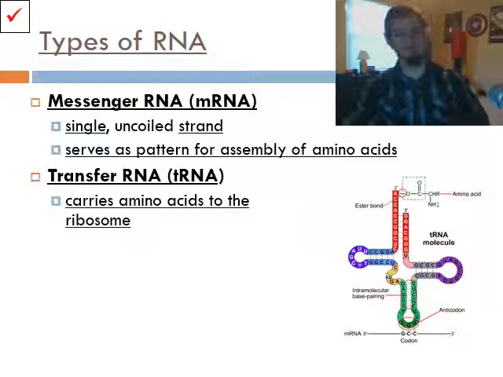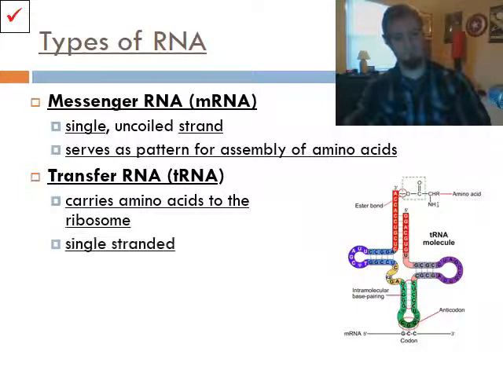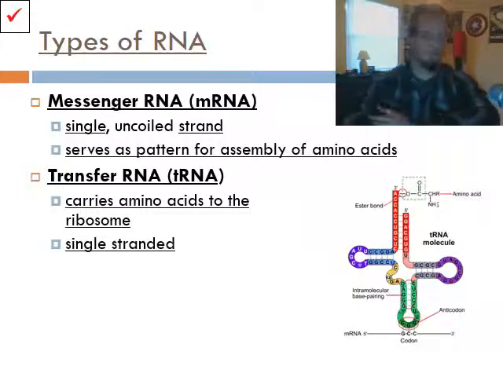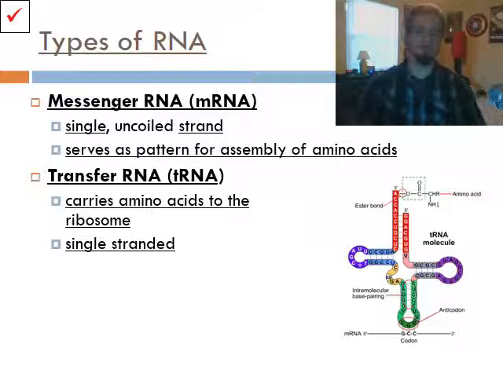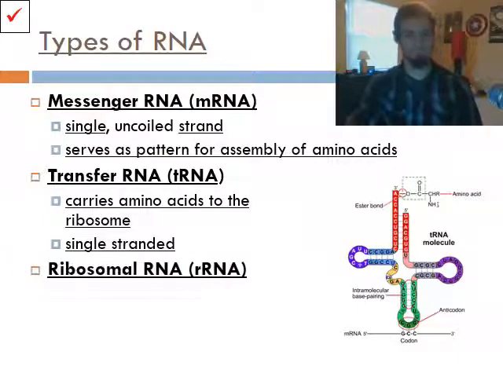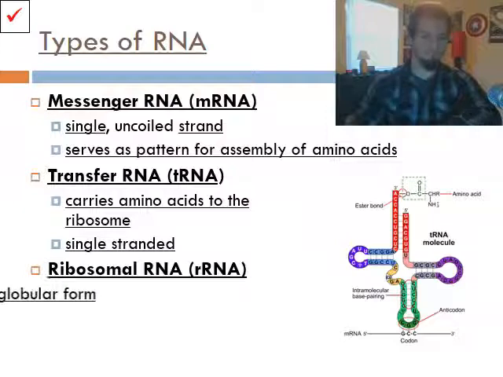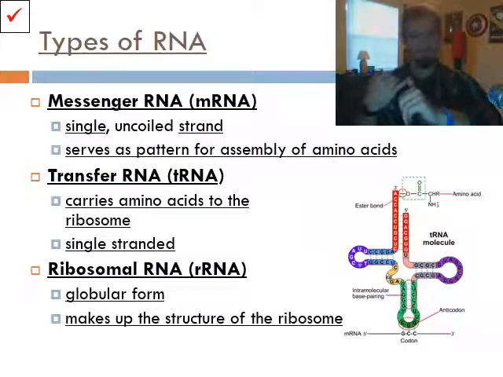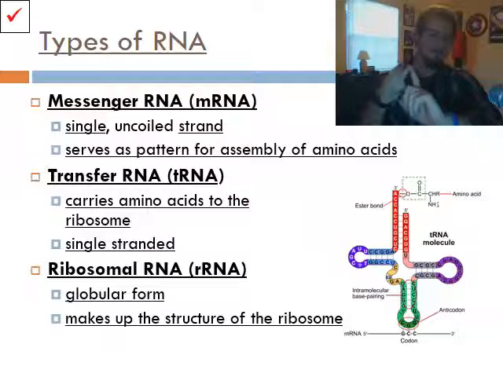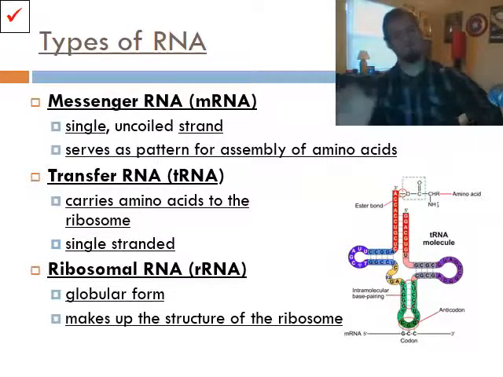These carry amino acids to the ribosome, and these are also single-stranded. So the transfer RNA brings the amino acids to the ribosome to be assembled into our proteins. We also have ribosomal RNA, or rRNA. It's a globular form that primarily makes up the structure of the ribosome itself. So we have three types: mRNA, the messenger, tRNA, the transfer, and rRNA, the ribosomal.